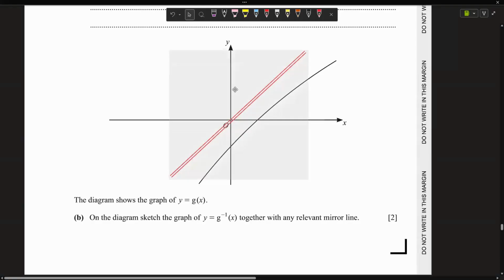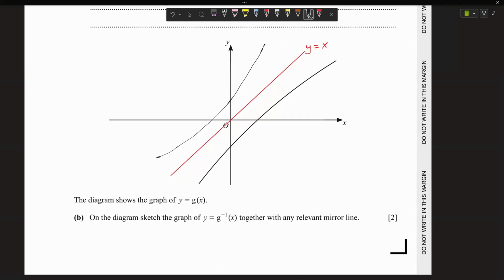Try to make it a proper line. So we can now draw the reflected graph, which will come on the other side.